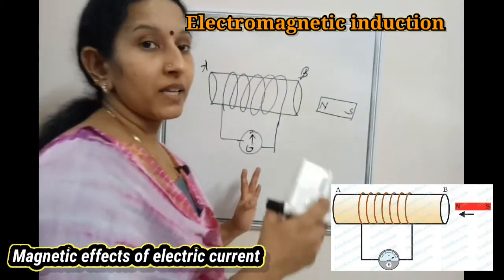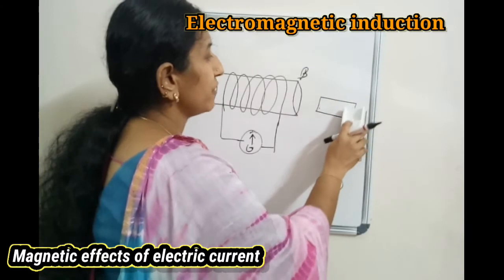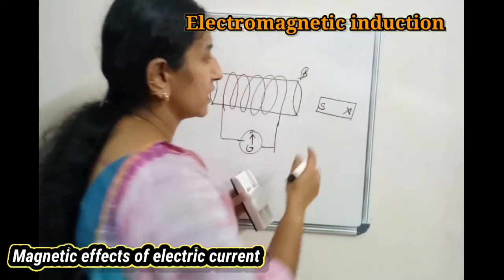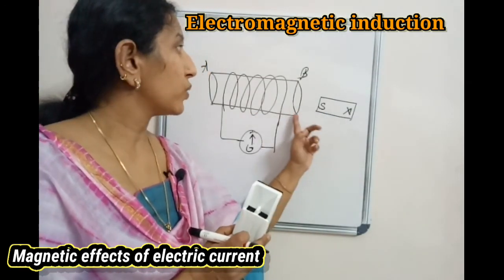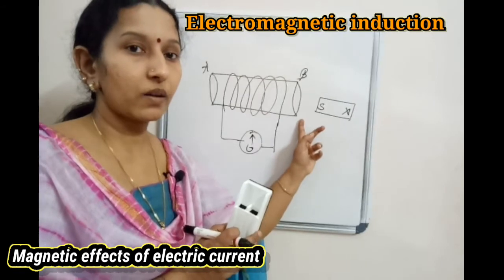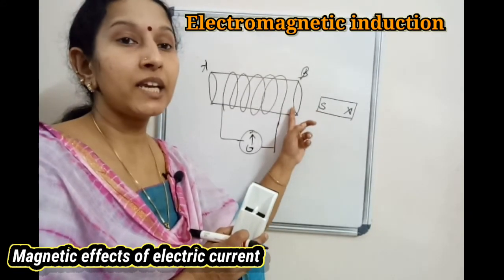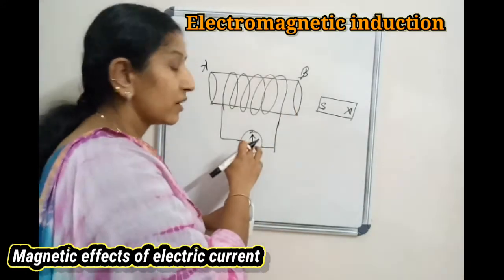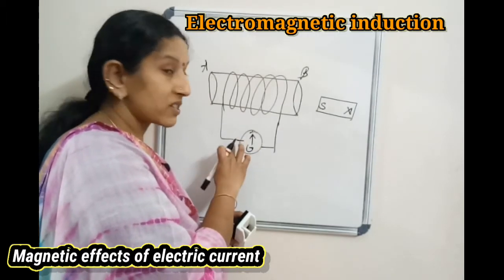Okay, the next case: instead of showing the north pole, if we show the south pole of the bar magnet towards the end B of the coil, you can see the needle of the galvanometer deflects towards left.